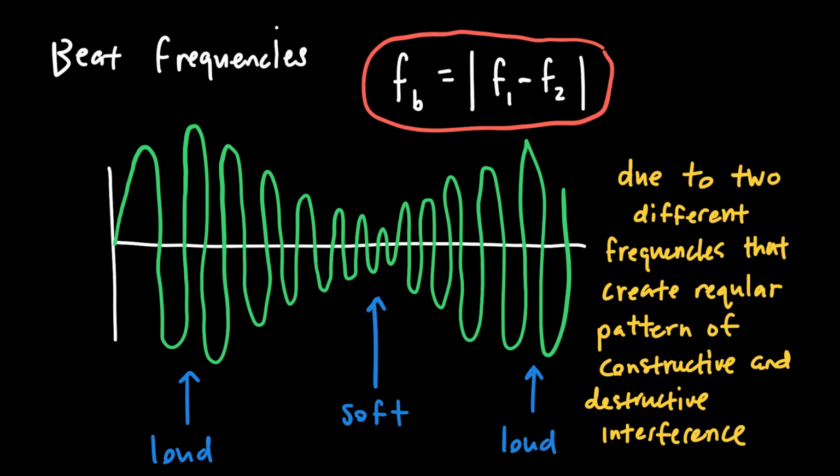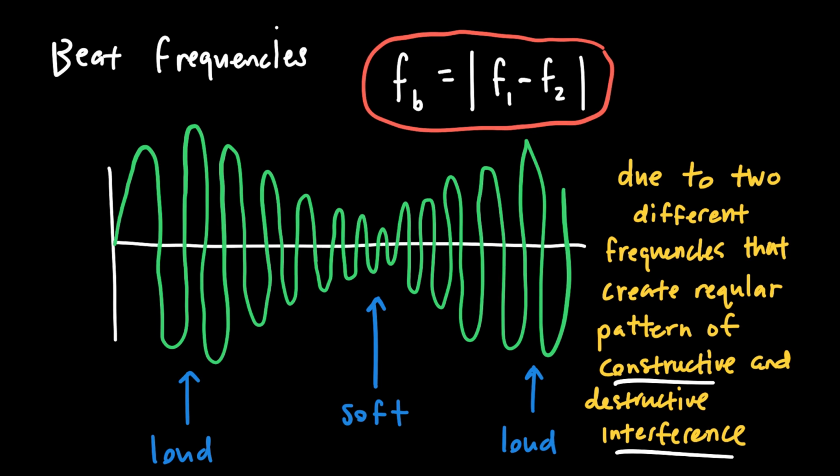What's happening is those frequencies are close to one another, but they're not equal, and so the difference between those two frequencies is generating a beat frequency, which produces loud and soft sounds. And those loud and soft sounds are generated due to two frequencies that are close to one another but not equal, that create constructive and destructive interference at different places. And so I did not draw frequencies F1 and F2, but I did draw the beat frequency. And the beat frequency is equal to the magnitude of the difference between those two frequencies.